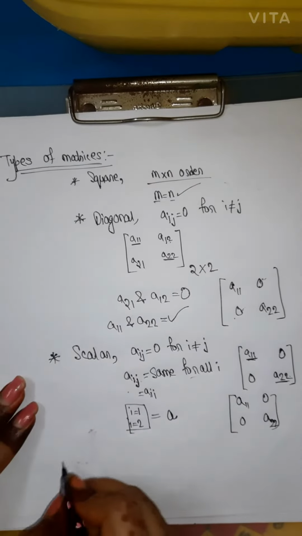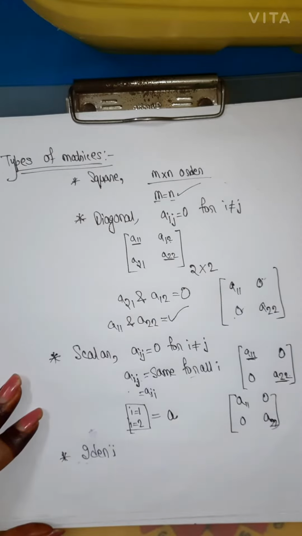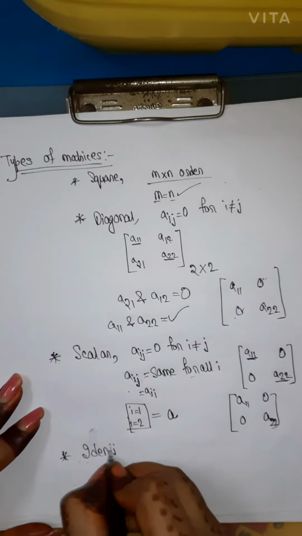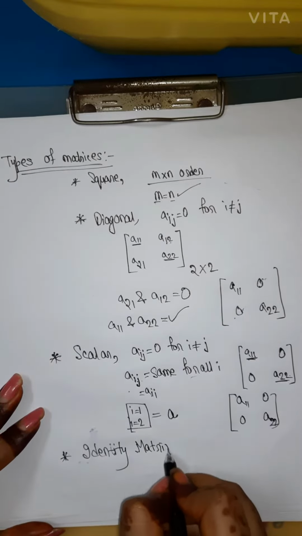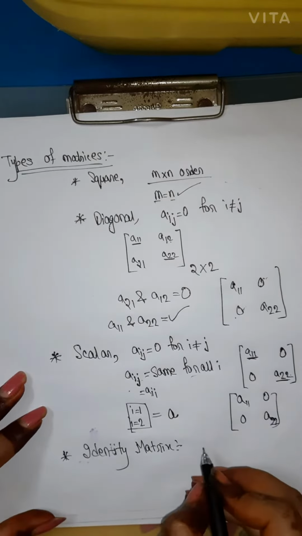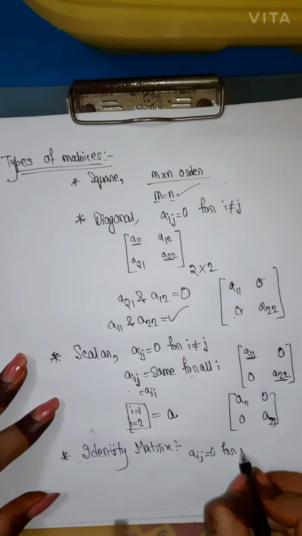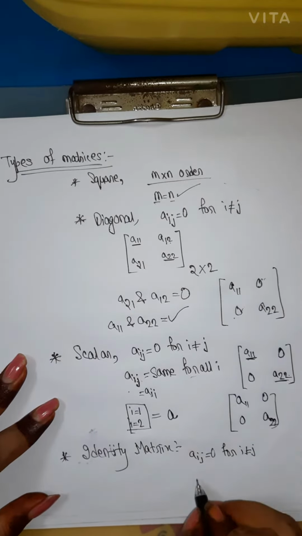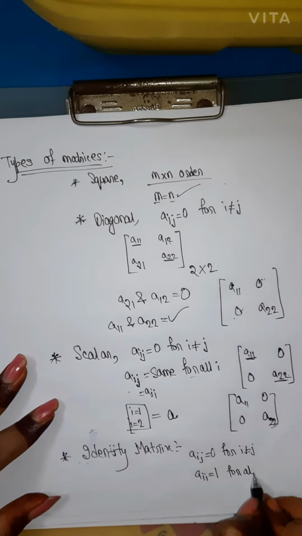Great. Now let us see what we mean by the identity matrix. Aij is equal to 0 for all i not equal to j, and Aii is equal to 1 for all i.